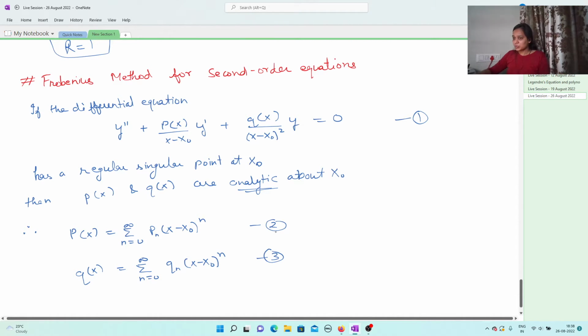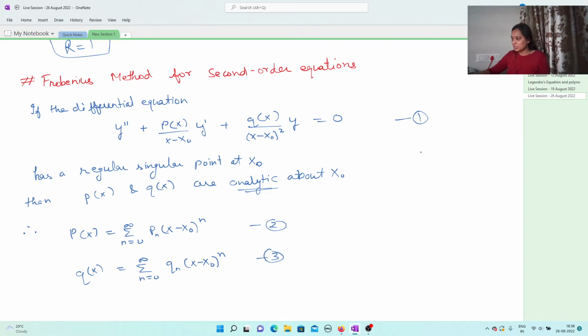Now we can substitute equation 2 and 3 in the given equation 1 and obtain a series solution, that is the Frobenius series solution.